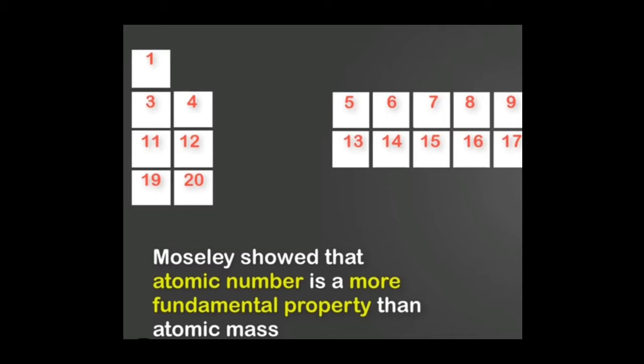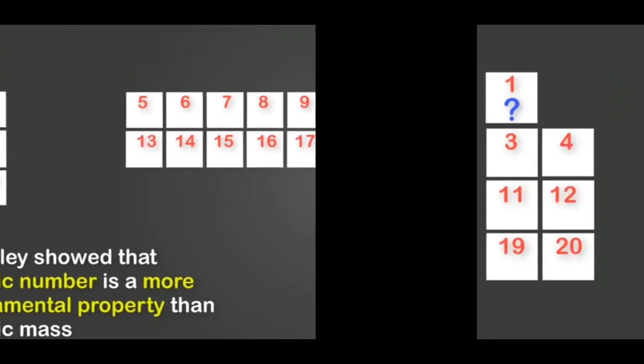The Mendeleev table was based on atomic mass, but the modern table is based on atomic number, because the scientist Moseley proved that the atomic number is a more fundamental property of elements as compared to the atomic mass. Chemical properties are related more to atomic number than to atomic mass.